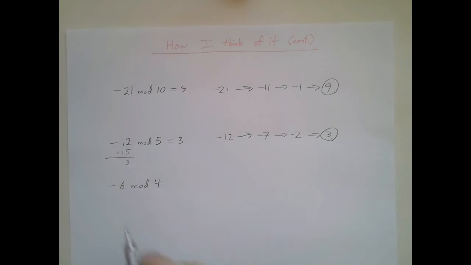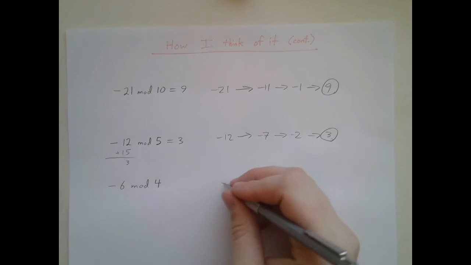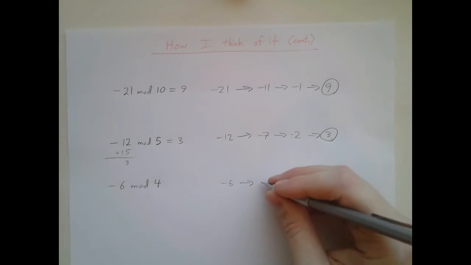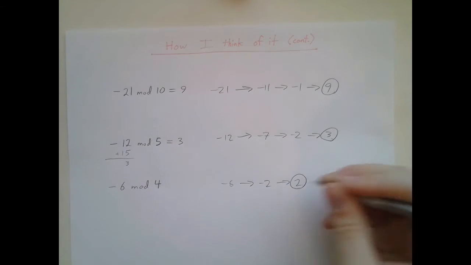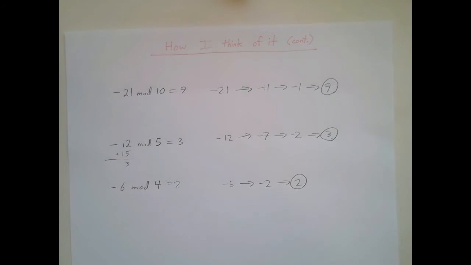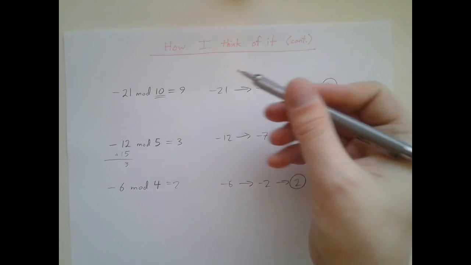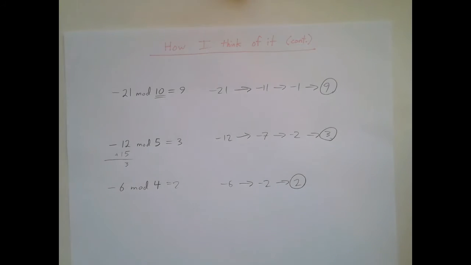And there you stop. Negative 6 mod 4, negative 6, if you add 4 would be negative 2, add 4 again would be positive 2. So that's 2. So if you have a negative number, add the modulus repeatedly until you get to 0 or a positive number, and stop at the first one you get to.